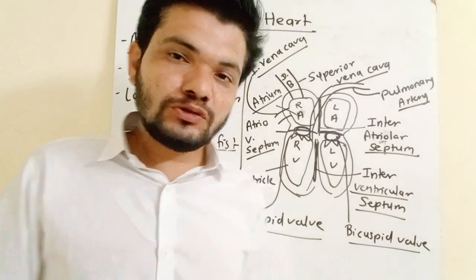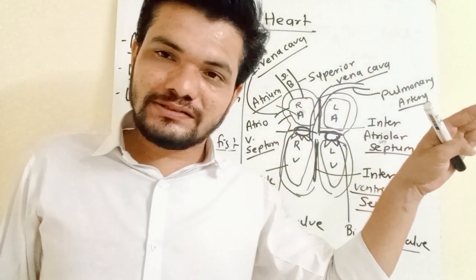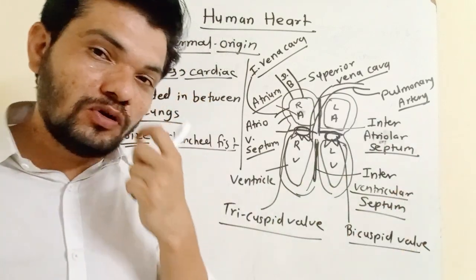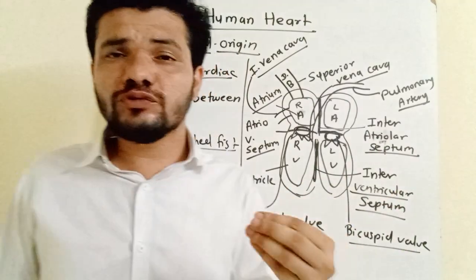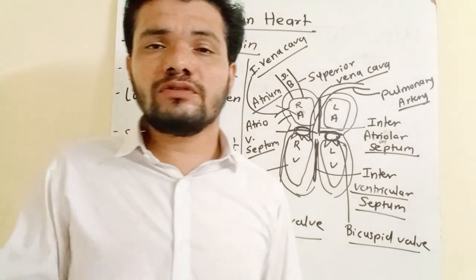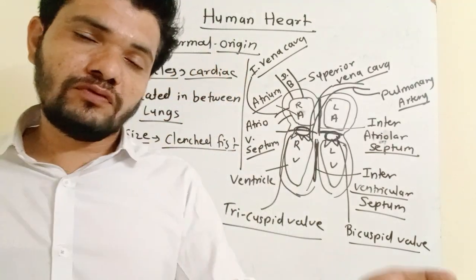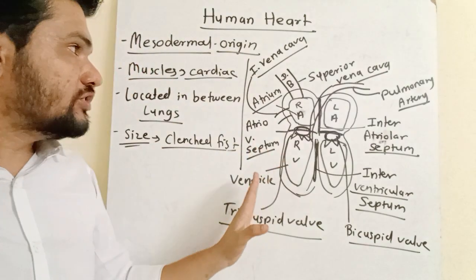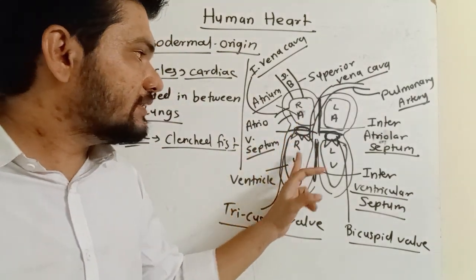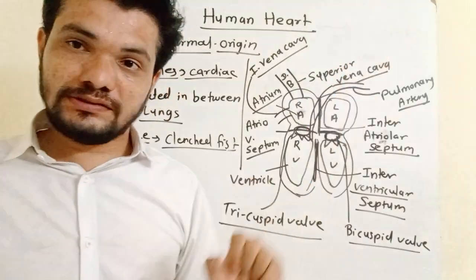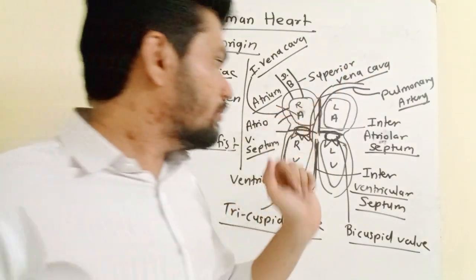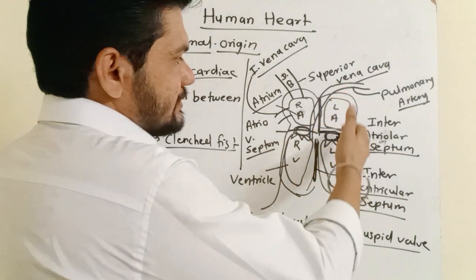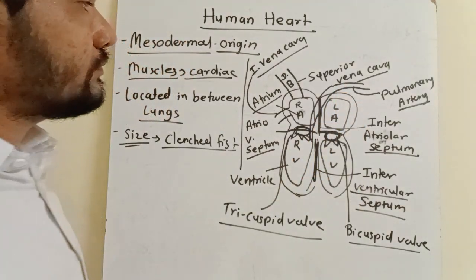The lungs. So this blood should be transported to the lungs, and the arteries which transport this blood towards the lungs are called pulmonary. Pulmonary is a term we use for the vessels related to the lungs. This is the pulmonary artery, which will bring this blood towards the lungs. Let's see what the left atrium and ventricle are doing.